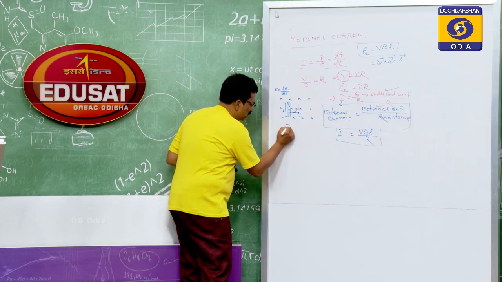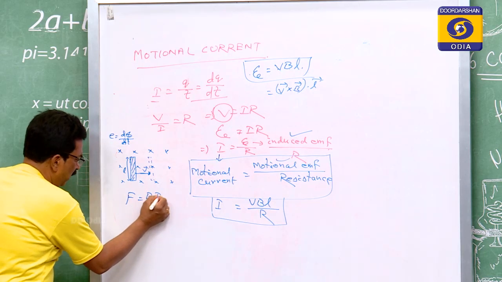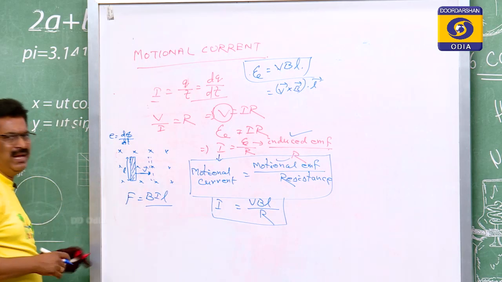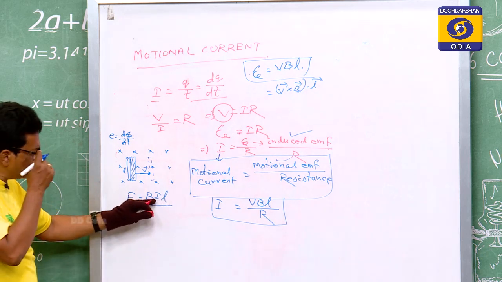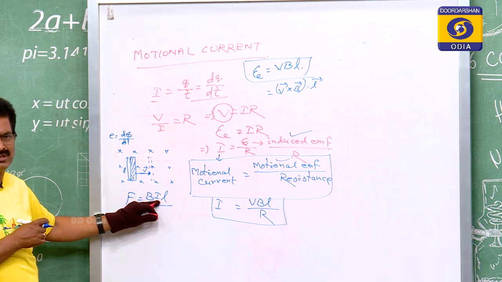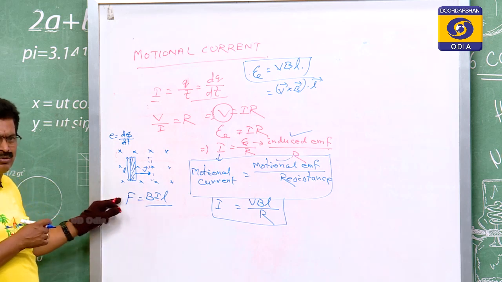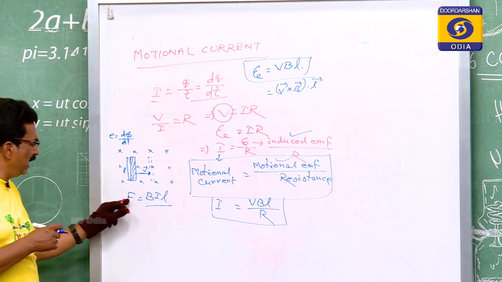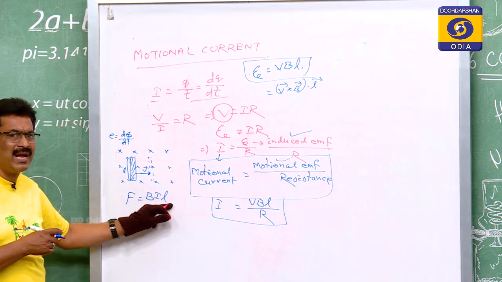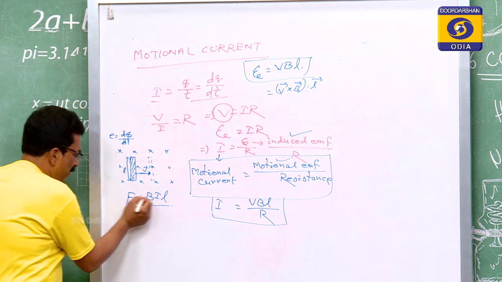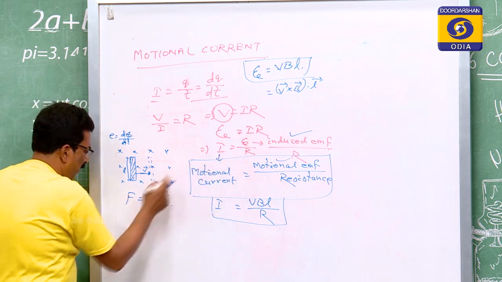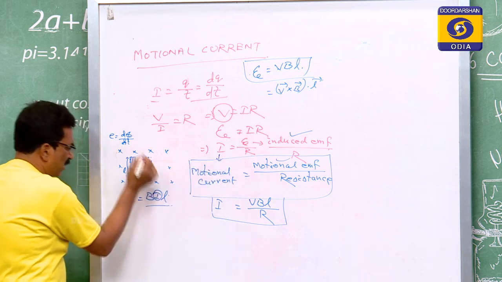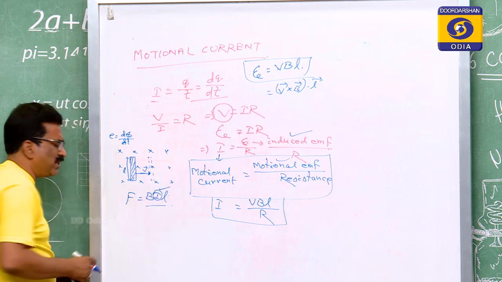In a magnetic field, for a conductor of length L through which the current flows as I, we came to know in the magnetic effect of current that F equals BIL. So, if F equals BIL, then in the motional EMF, it leads to the motional current, that is I.